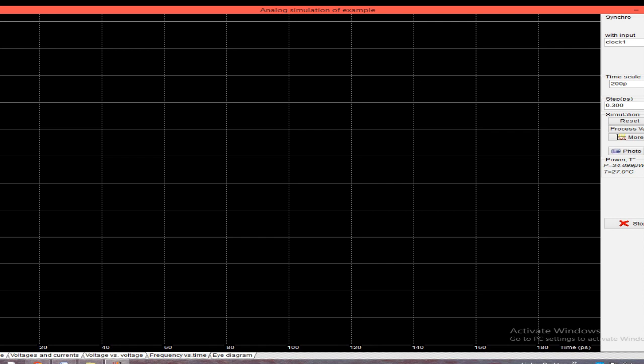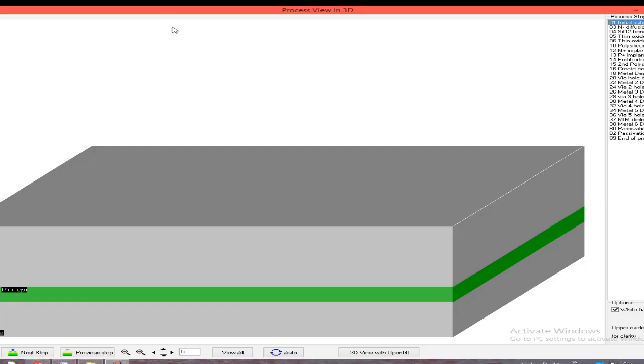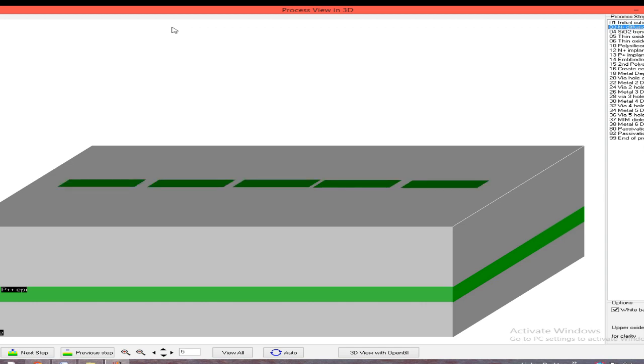After this, we will go through what we have connected. Initially the substrate we have taken. After the substrate we have taken N diffusion.